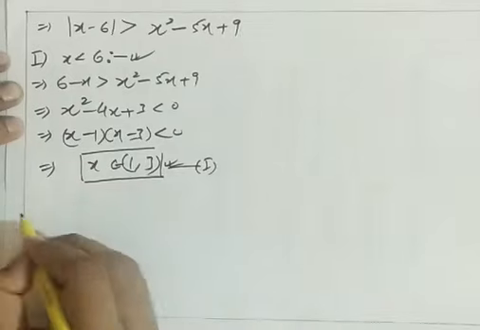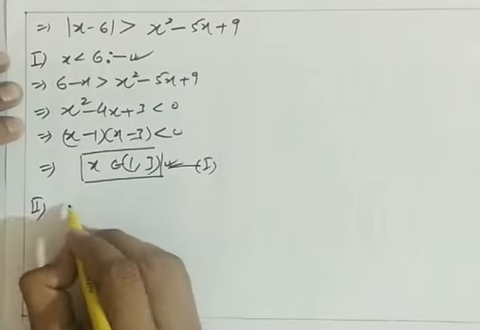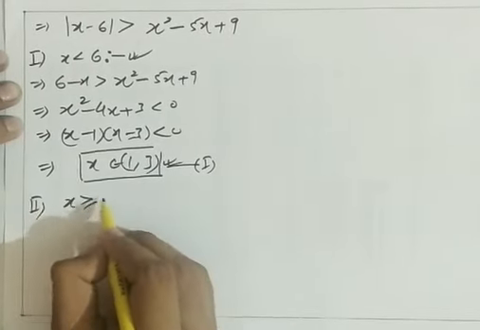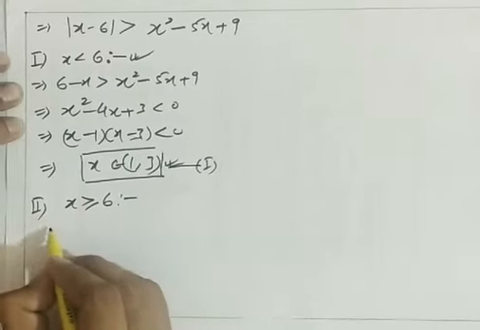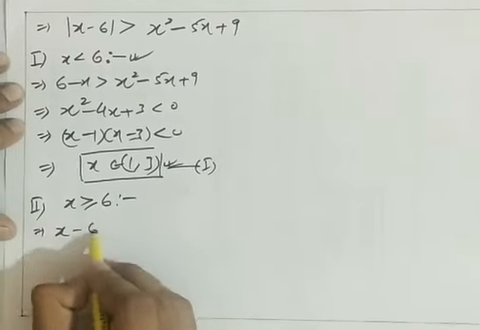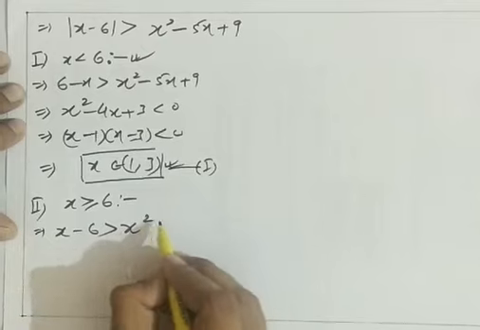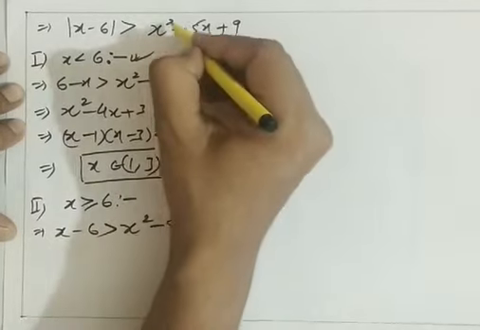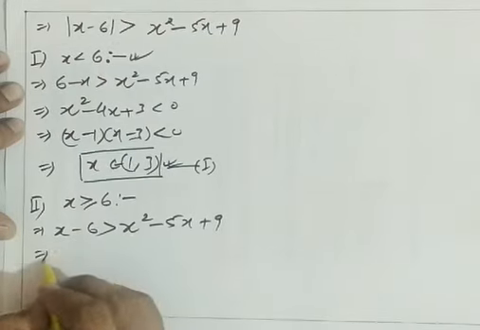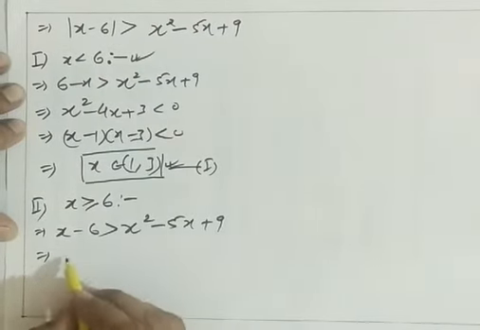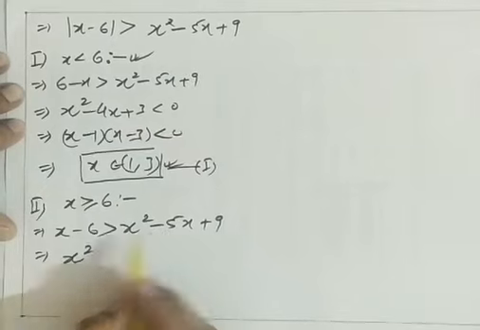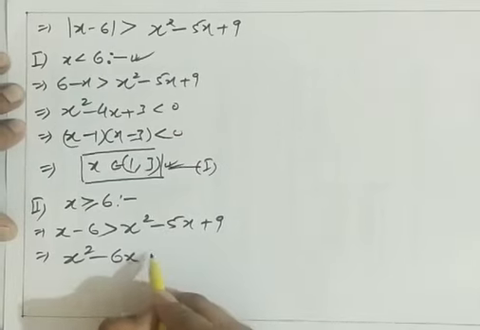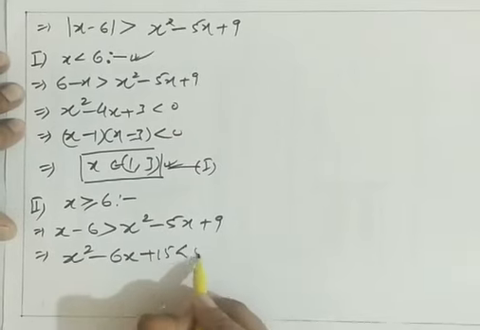This is the first. Now let's see the second case. In the second case I will take x as greater than or equal to 6. That means the question will become x minus 6 should be greater than x square minus 5x plus 9. So that means let me take like terms together. This is x square minus 5x minus x will be minus 6x, then plus 15 should be less than 0.